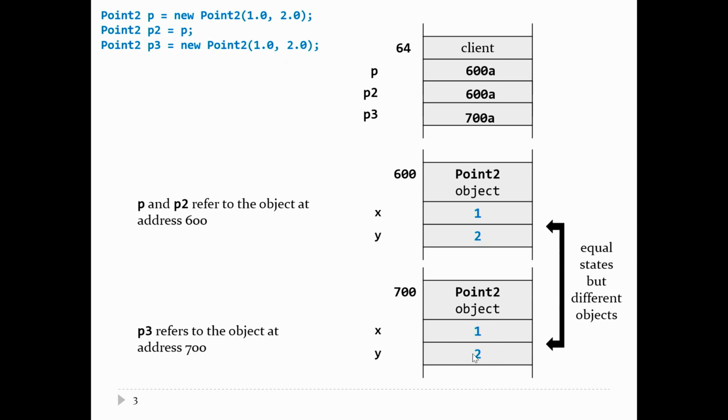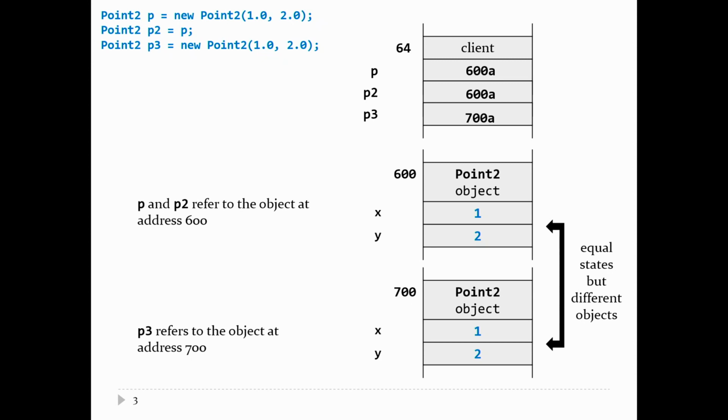So when you write p.equals(p2), the default behavior of equals is to look at these two values. Is 600 equal to 600? The answer is yes, so you get true.